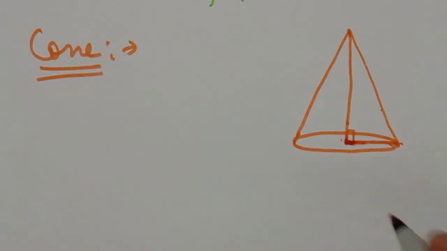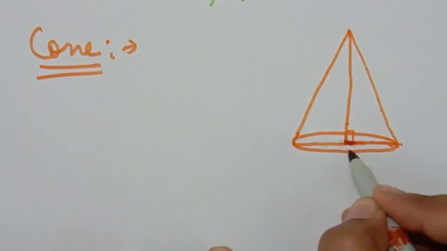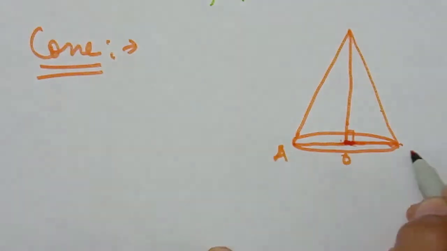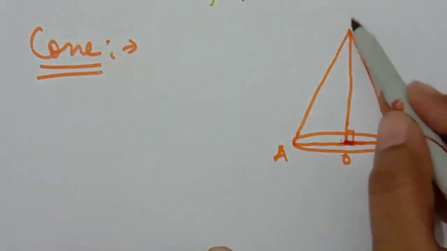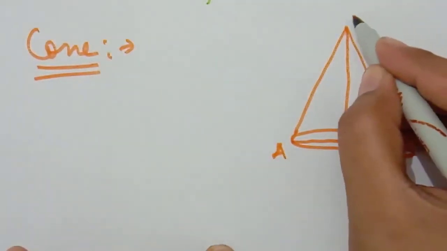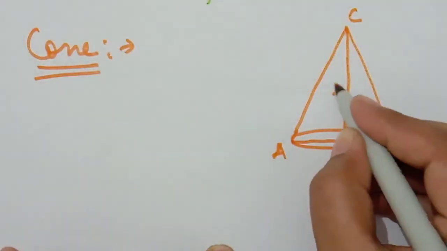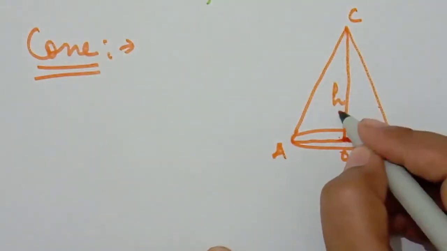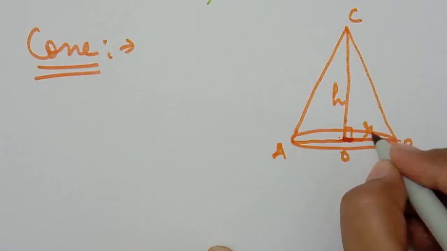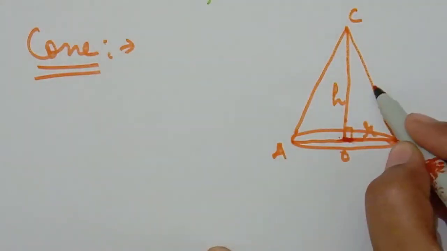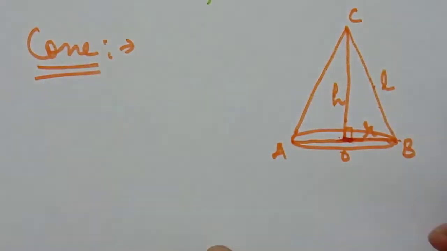So students, this is our center O, the diameter AB, and this is the height, which we will take as OC. We will call this height H. This is the radius R, and this is the slant height.